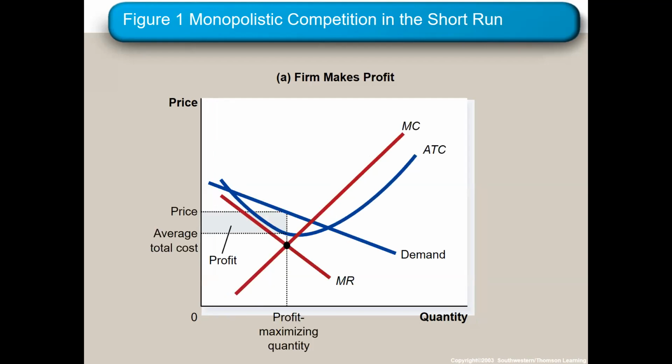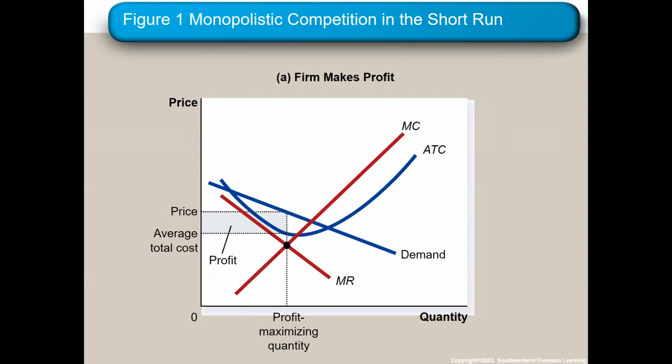So if you're making profit, firms are going to enter. Demand and MR are going to shift down. Why? Because say Phil's Pizza: now firms are going to enter and they're going to take some demand away from my pizza.